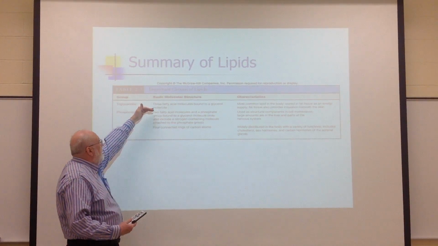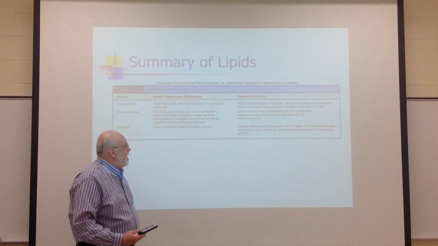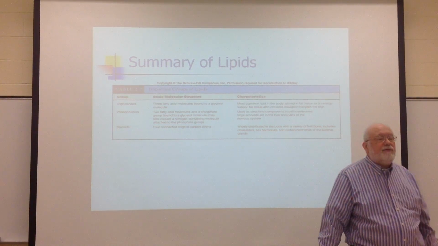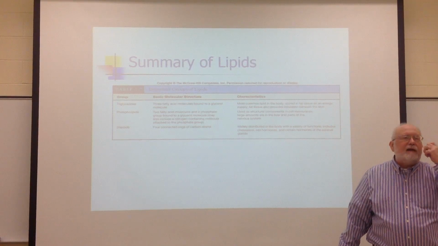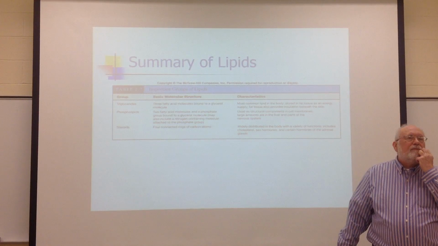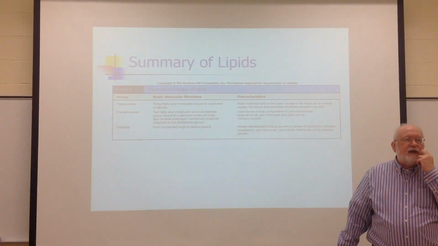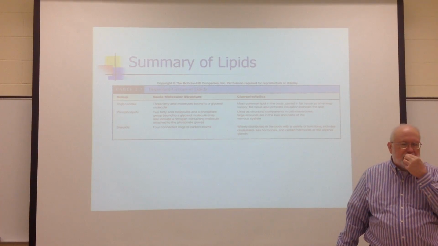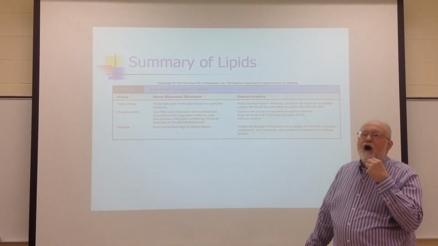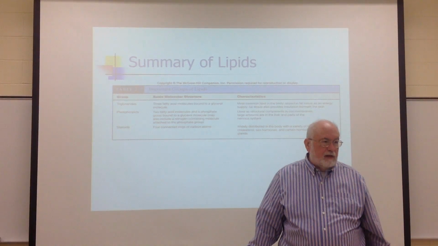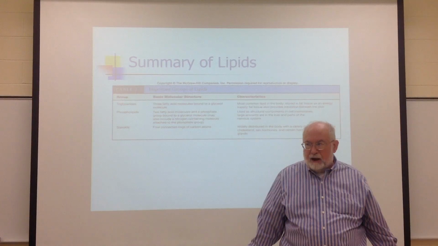But triglycerides, what have we got? 3 fatty acids and a glycerol. What elements would there be in a triglyceride then? Yep, carbon, hydrogen, and oxygen, but what about the hydrogen-oxygen ratio this time? It's not 2 to 1, right? There are only about 6 oxygens in there, right?